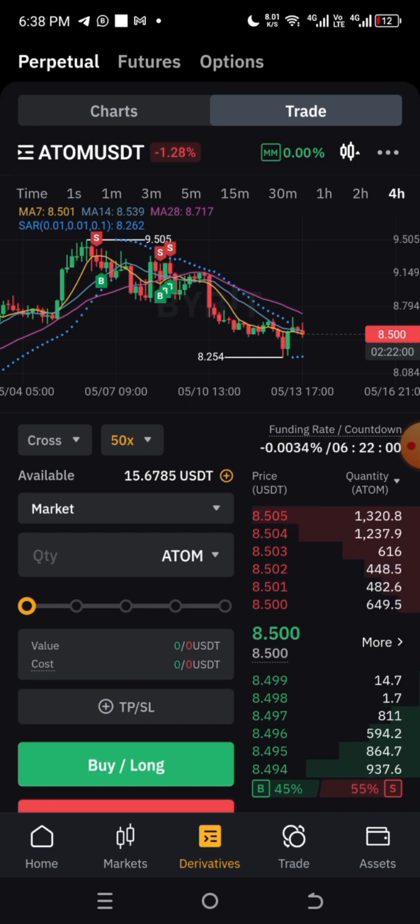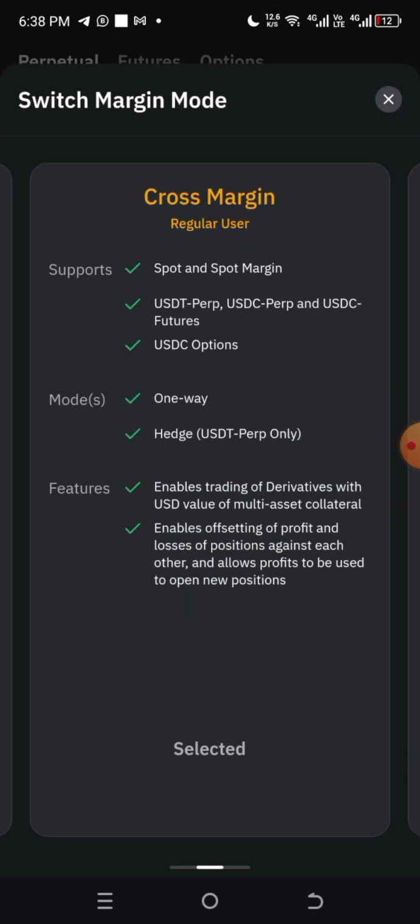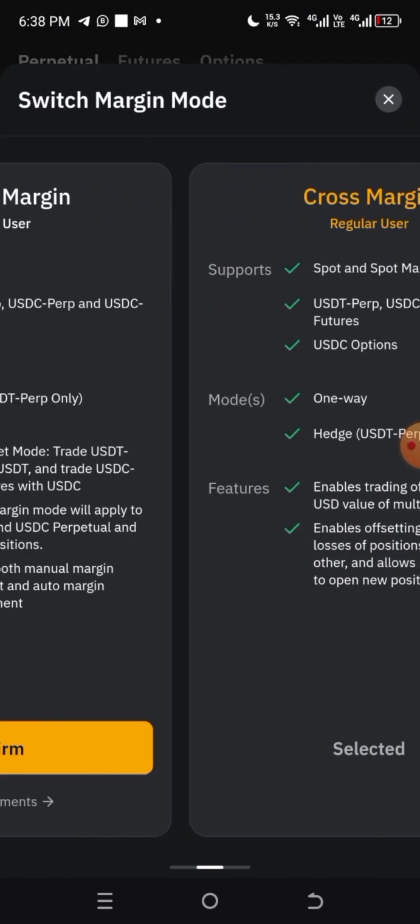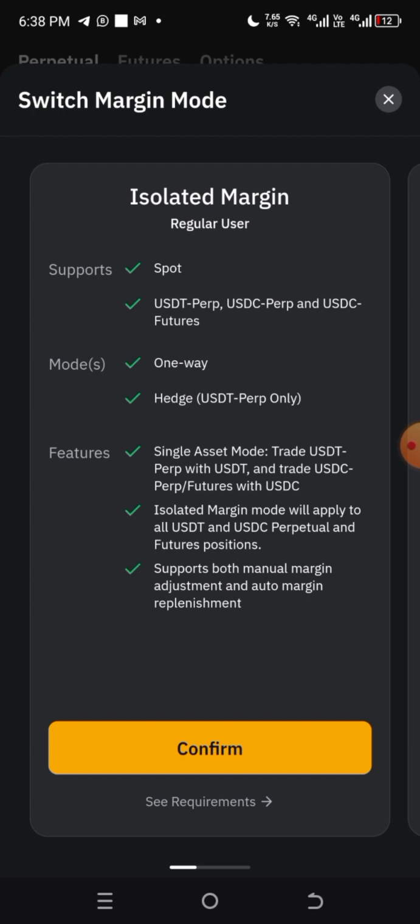But on the other end, we have isolated. This is cross margin. This is isolated margin. Isolated means you have $100 and you want to take two trades, $20 each. The $100 will not serve as collateral to service that trade.